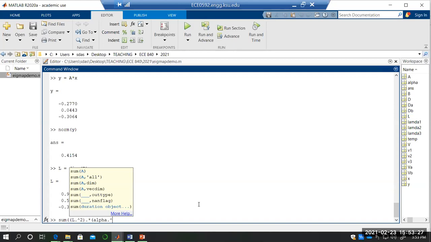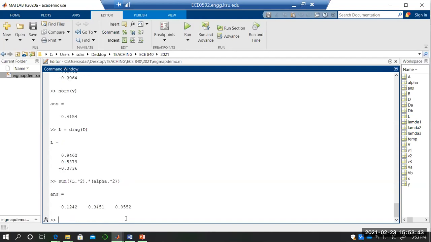So I'm taking alpha square and lambda square and taking their element-wise product. Square root of this, I'll do it in 2 steps. Oh, alpha.